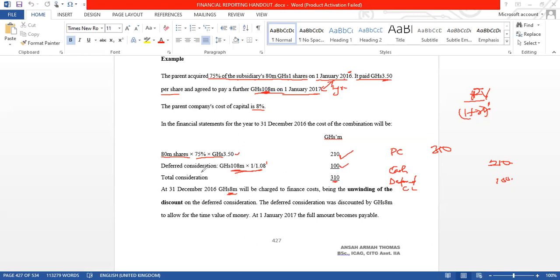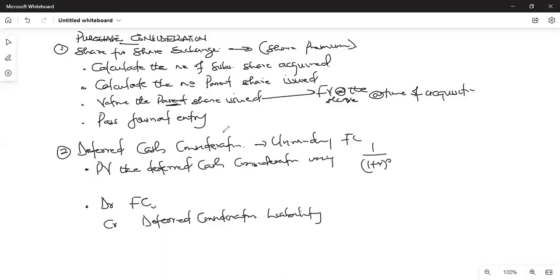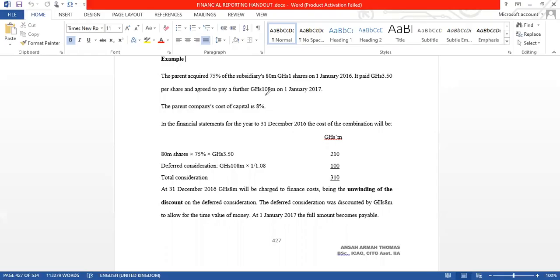The finance cost will be in the P&L. So that is how step 2 is also done. Probably we need to take another example so that you understand this further before we move on to another trick.